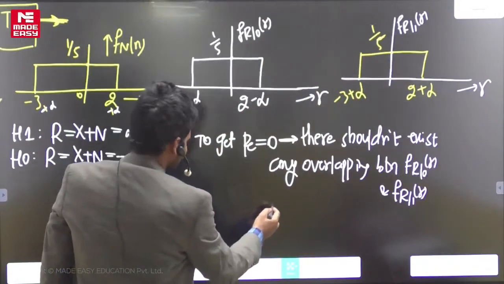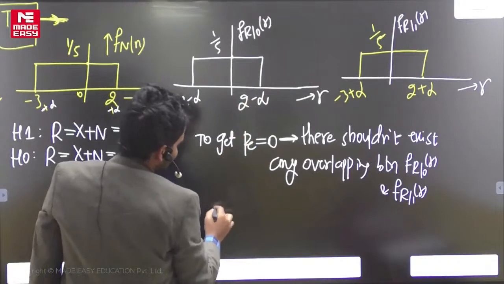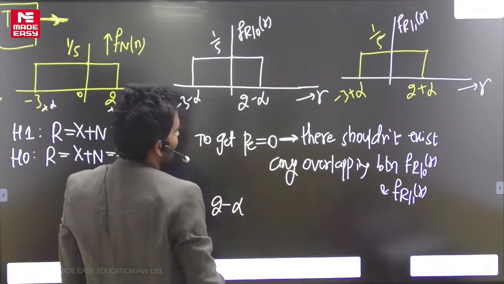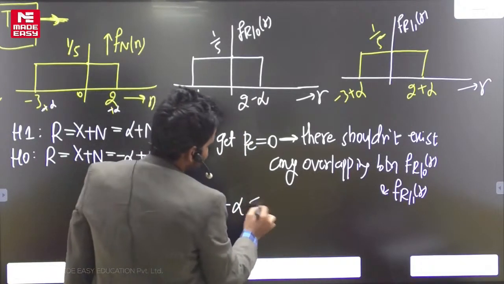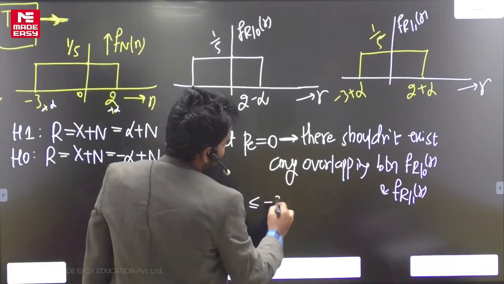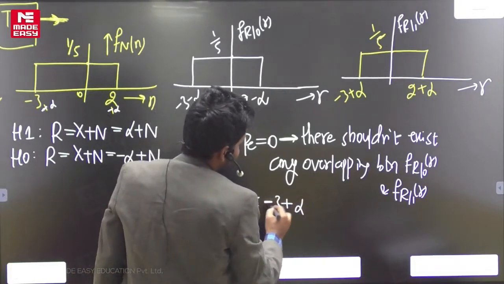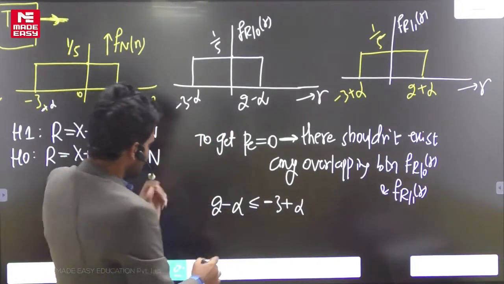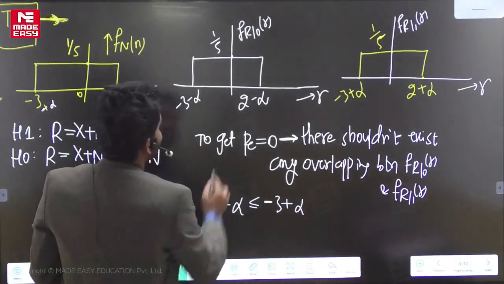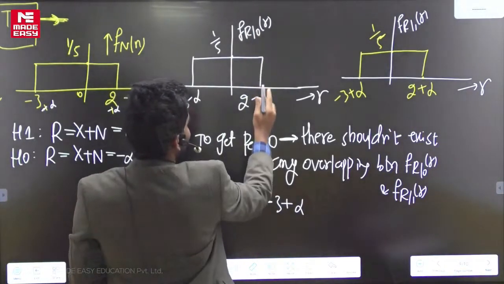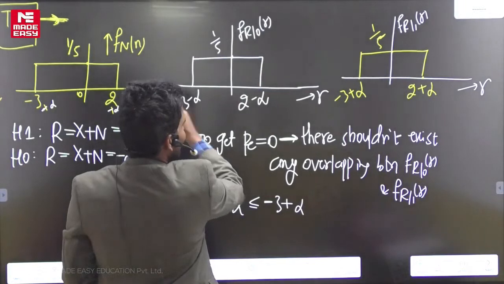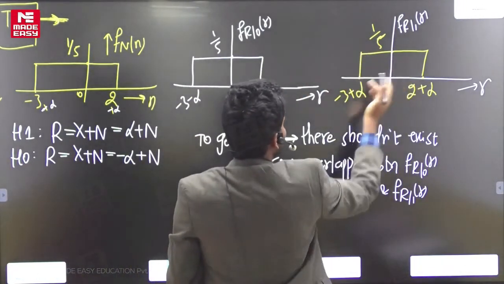So for this I can say 2 minus alpha should be less than or equal to -3 plus alpha. When binary 0 is transmitted, R takes low values, and when binary 1 is transmitted, R takes high values.